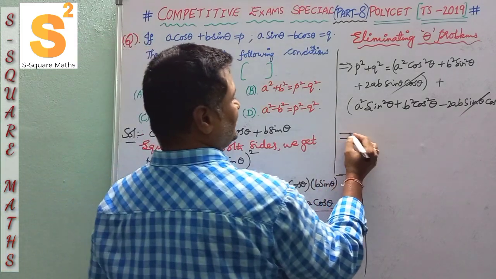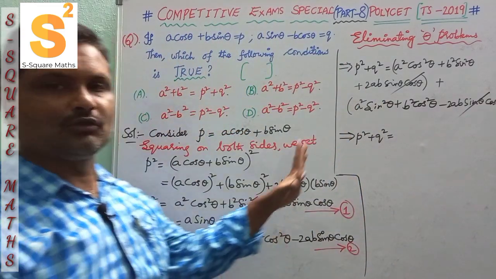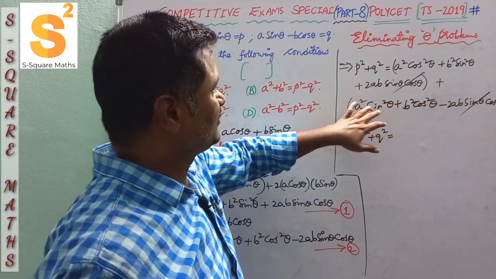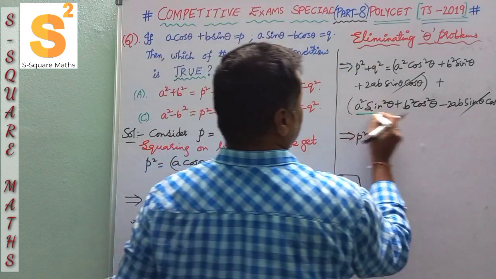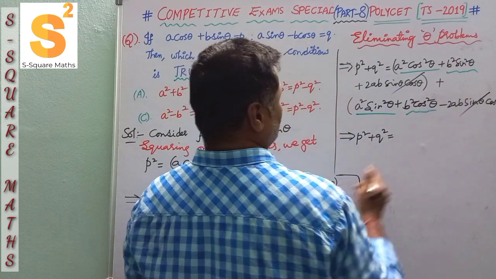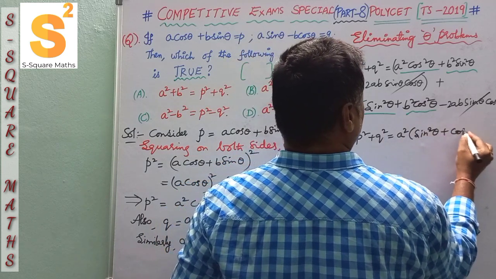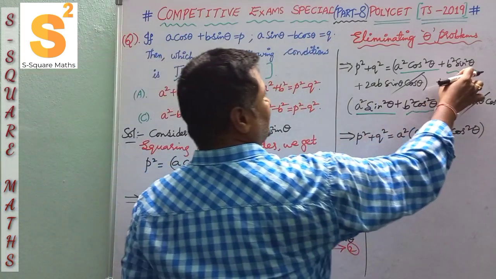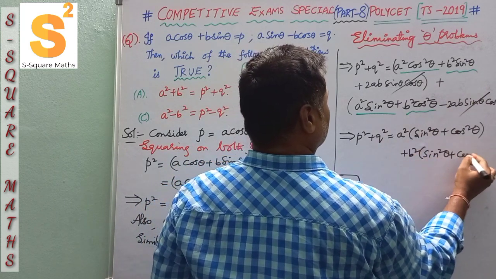So now I can write P square plus Q square. Since it is a competitive examination level, we are going through the direct steps. Please listen carefully. Here, if you observe carefully, A square and A square, we can take A square as common. Next, B square we can take common. So A square if I take common, sin square theta plus cos square theta, and B square, if you take common, again sin square theta plus cos square theta.